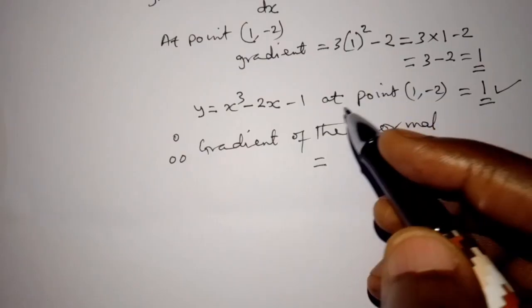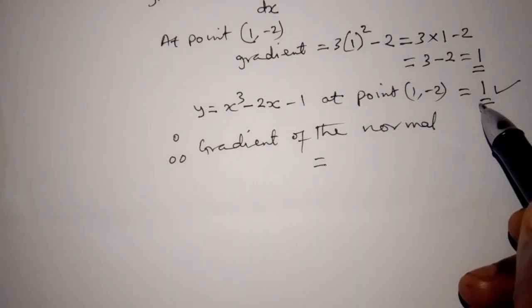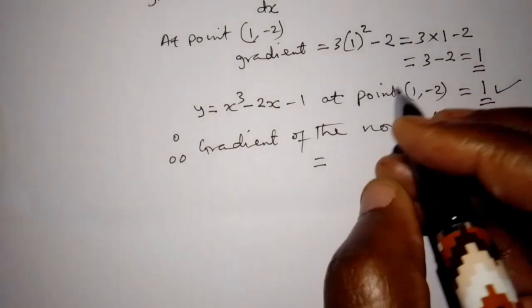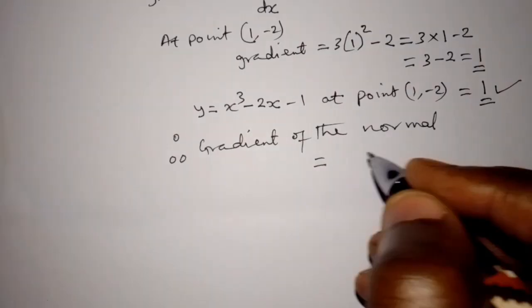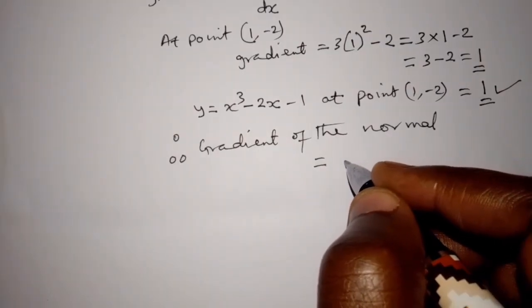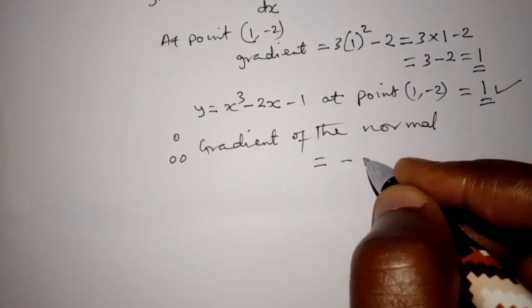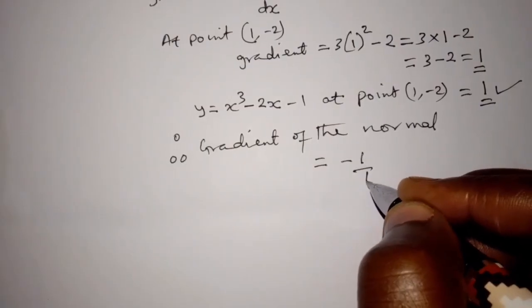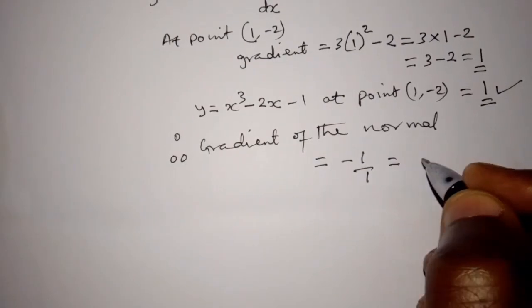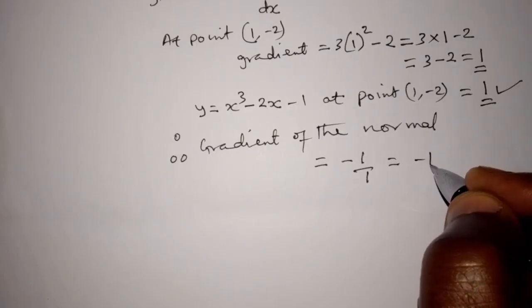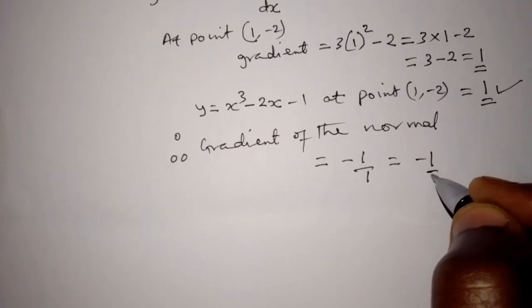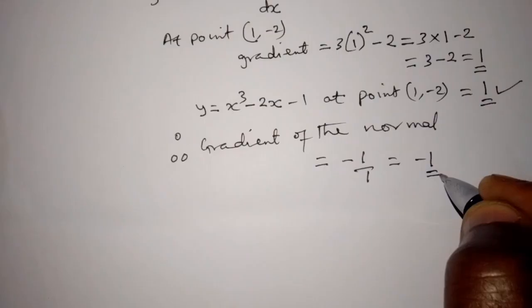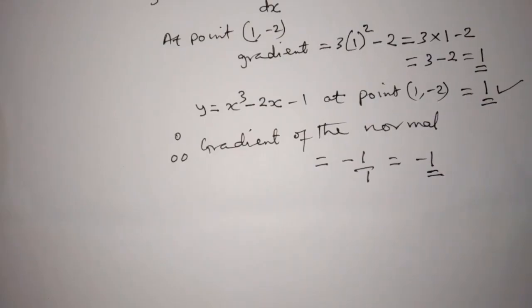The gradient of the tangent here is 1. The negative reciprocal of this will be negative 1 over 1, that is giving us negative 1. So the gradient of the normal will be negative 1.